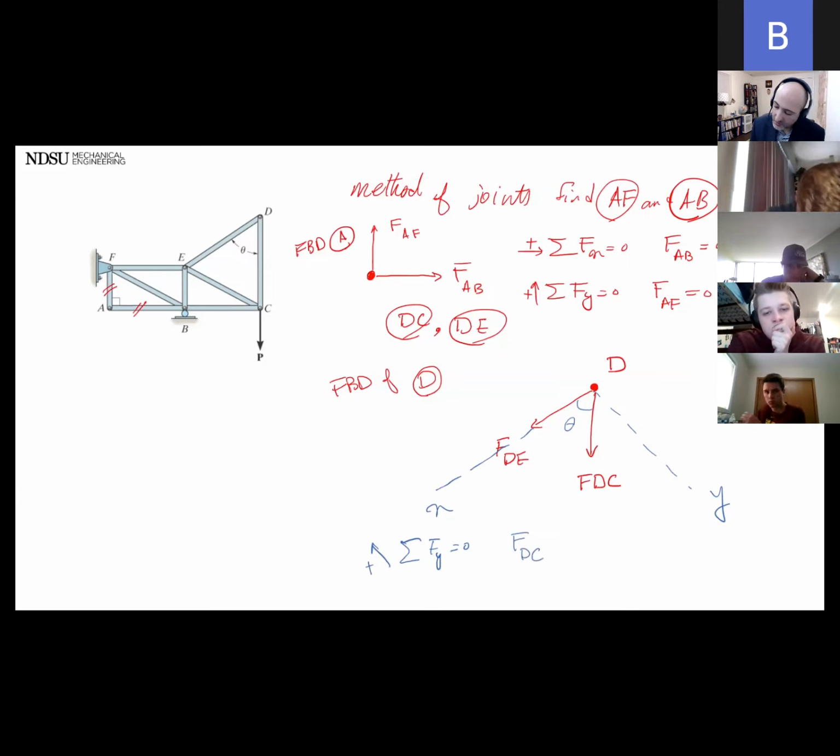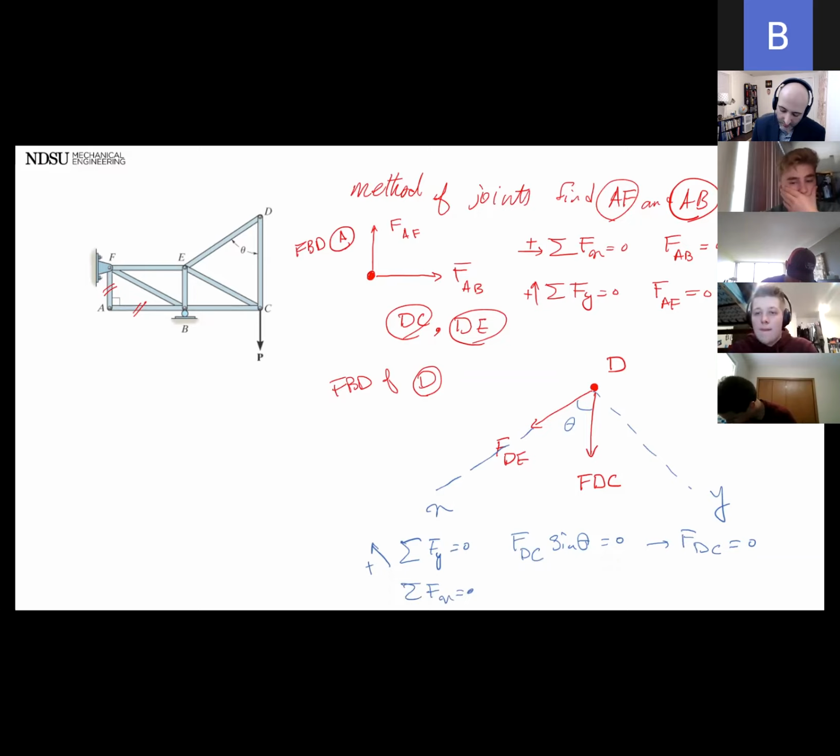Is it going to be sine or cosine? Sine, because FDC sine theta equals 0. So FDC equals 0. Summation of forces in x equals 0. Anything that goes this way, I'm going to take positive. So I have FDE, and that's it. This is 0 too. Okay. So we'll get back to this.